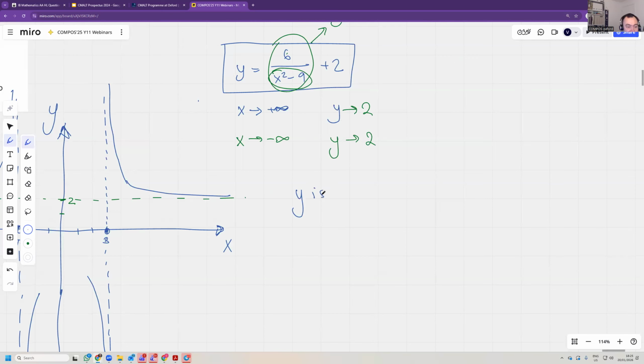So y is biggest when the numerator between -3 and 3, the function is, wait a second.